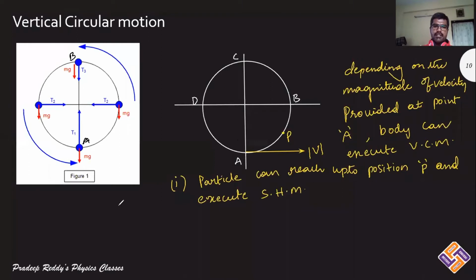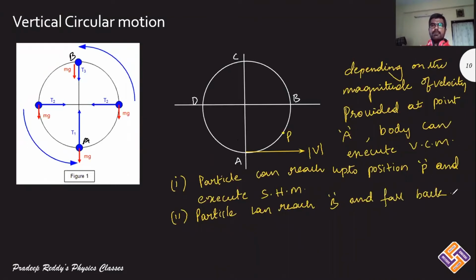That is the first condition. Second condition is that the particle can reach B and fall back. If you are providing greater velocity for the particle at position A, it can reach up to point B and then fall down. That's number 2.